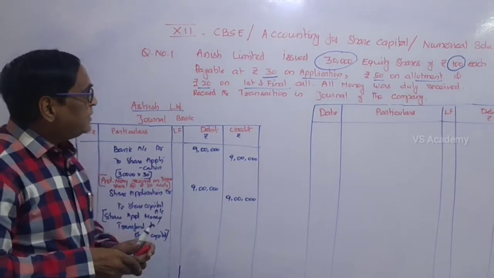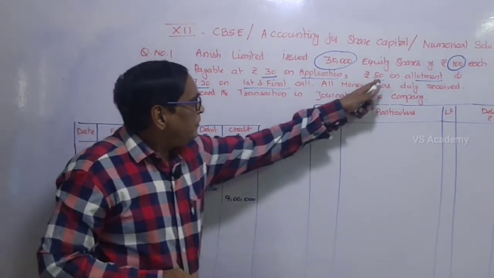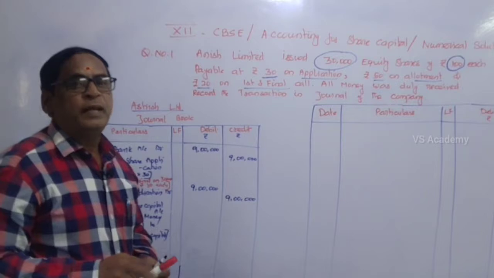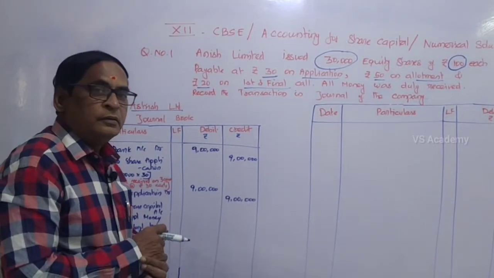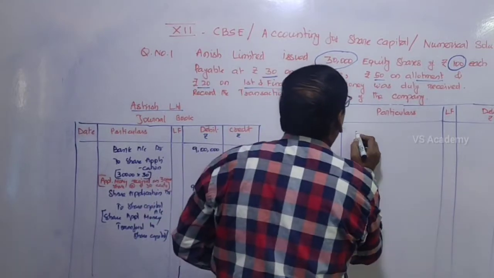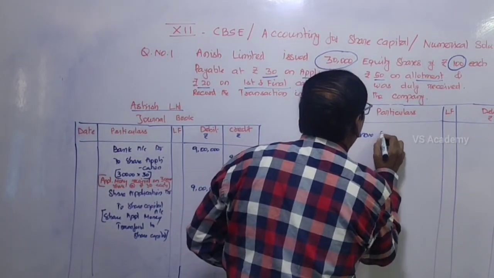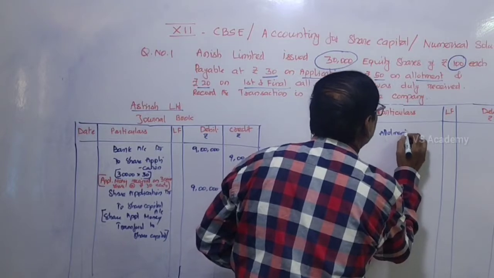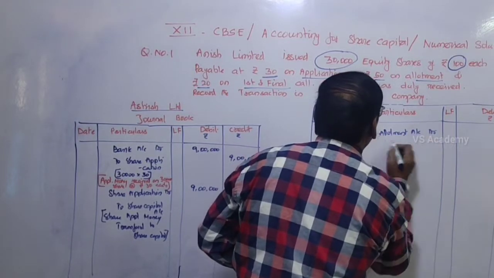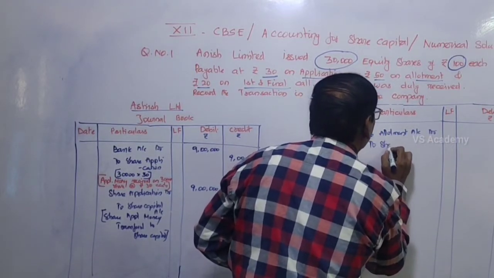And then next, on allotment we are to receive 50 rupees per share. So we have to pass the due entry. Allotment due entry: share allotment account debit to share capital.